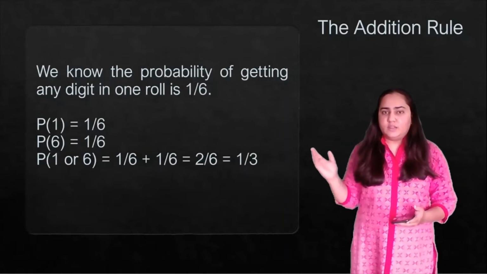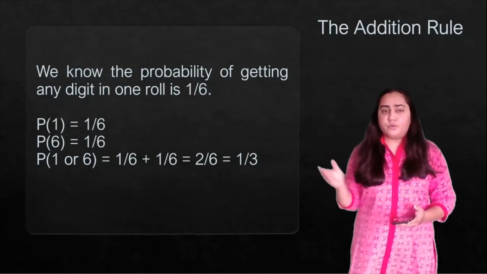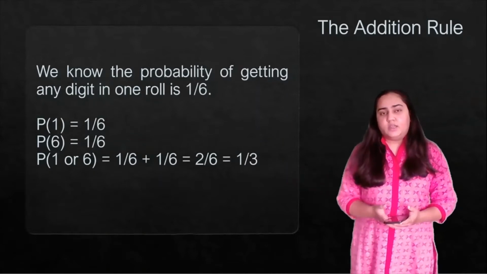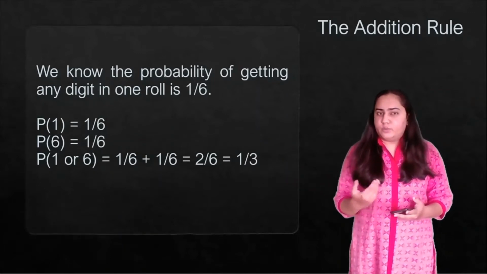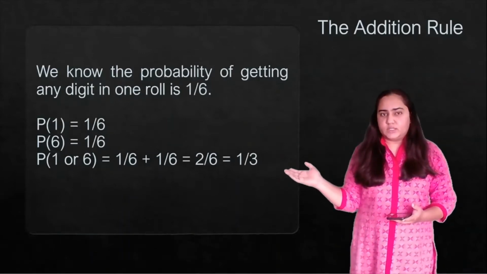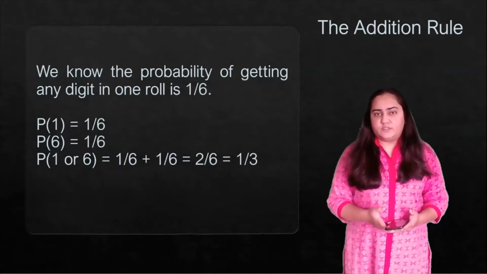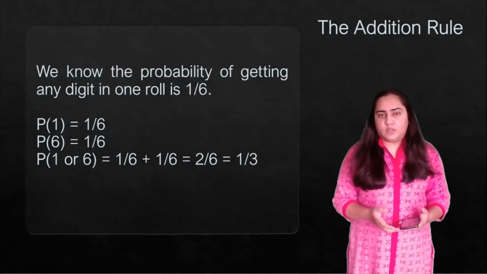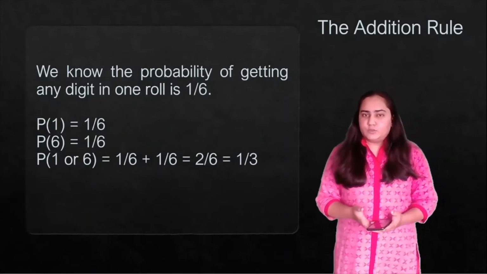So using that, the probability of getting 1 is 1 by 6. The probability of getting 6 is also 1 by 6. Now our question was, what is the probability of getting 1 or 6? And this probability is going to be 1 by 6 plus 1 by 6, which gives you 2 by 6, and that can be 1 by 3. So this is the addition rule.